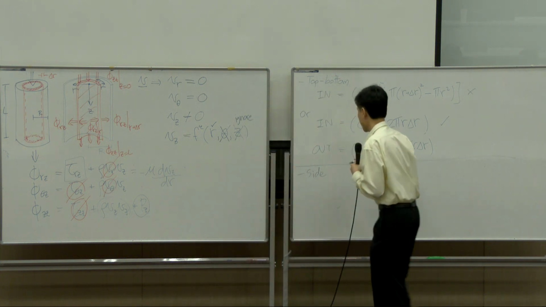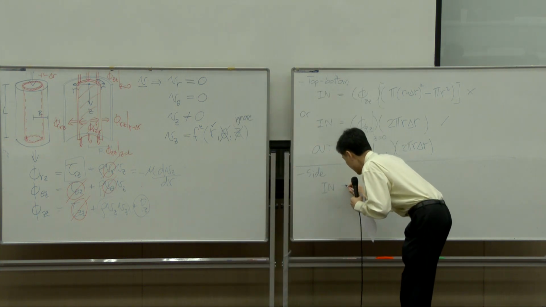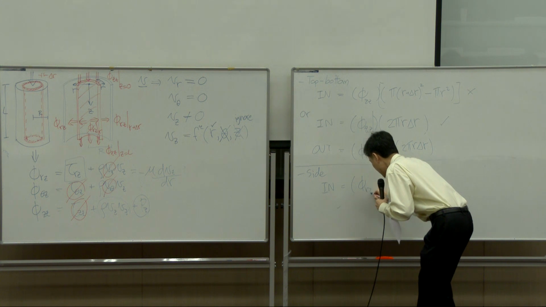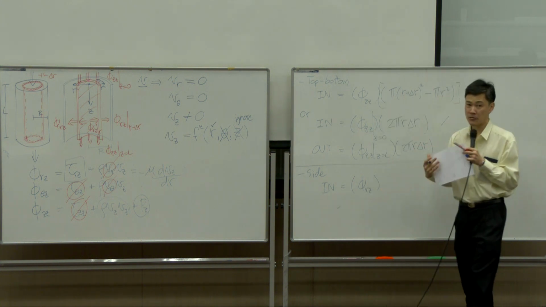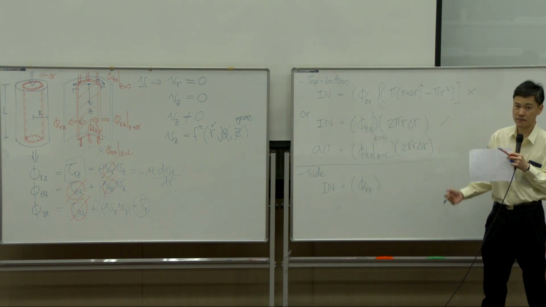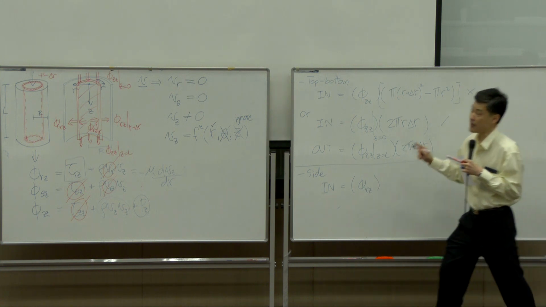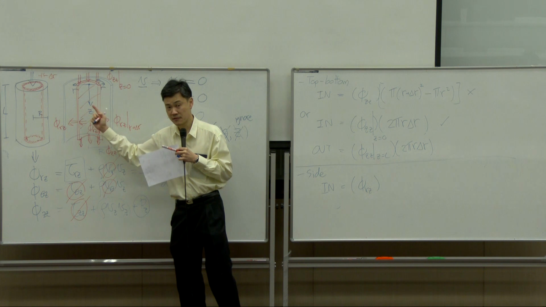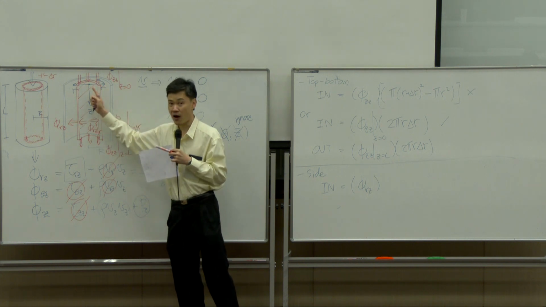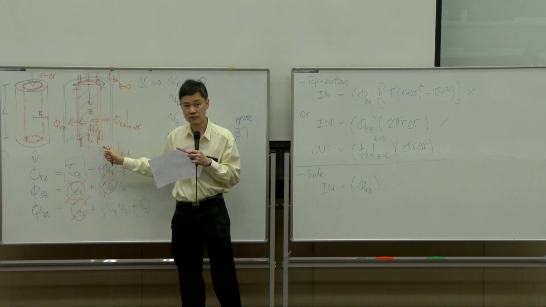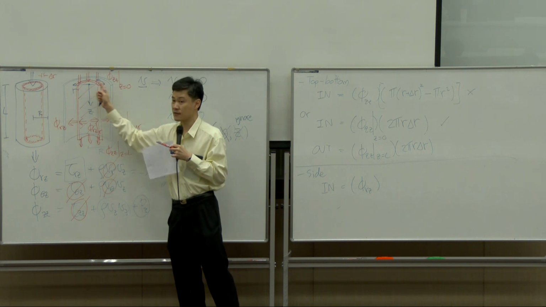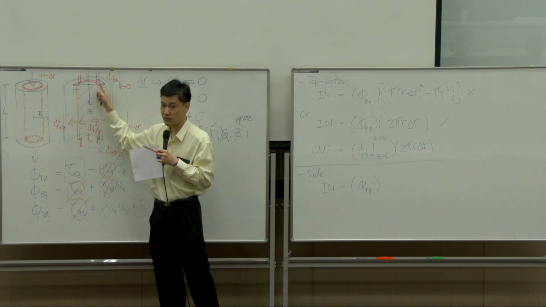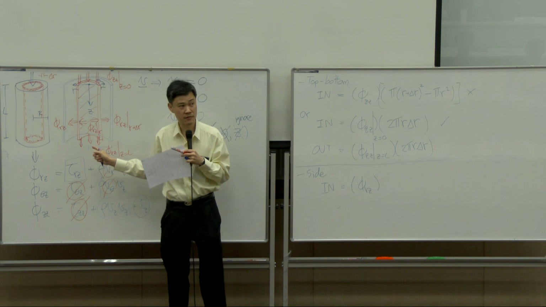Okay? So N would be the flux itself, phi rz, multiplied by the area. The area of the inner surface should be 2 pi r times L, right? Circumference of the inner circle times height.